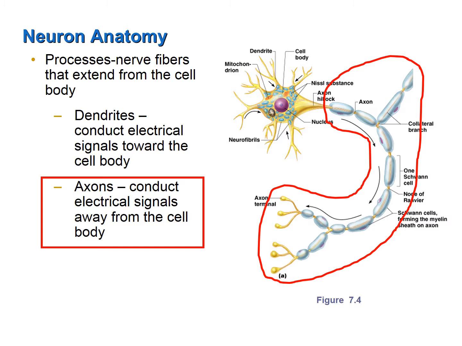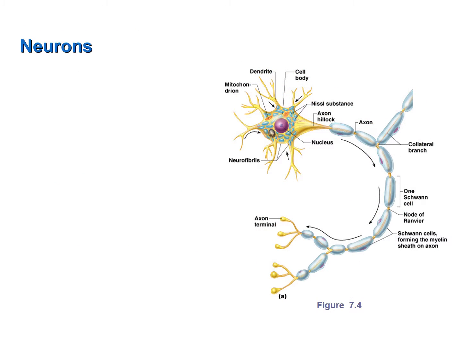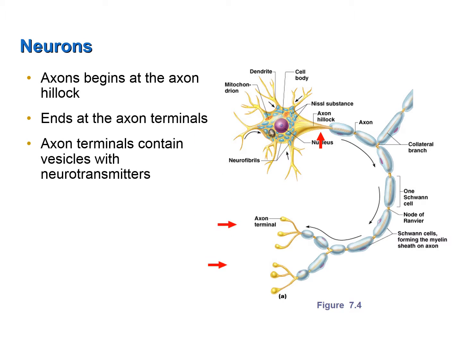Although neurons can have many dendrites, they typically only have one axon extending from the cell body, although collateral branches can branch off of that one axon. If we look more closely at the axon, you'll notice that the axon begins at a funnel-shaped structure called the axon hillock, and it ends as axon terminals.